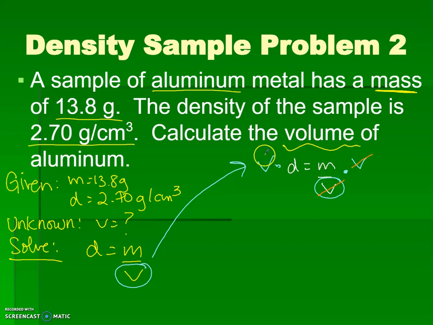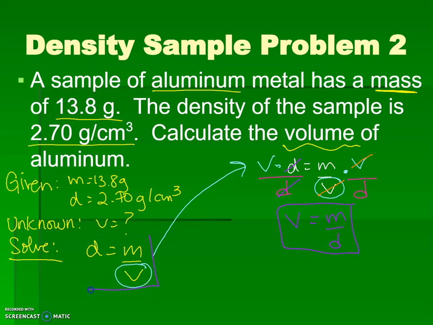So how do we get the V by itself? Well, it's currently being multiplied by D, so now we have to divide both sides by D. So what we get is density and density cancel out, leaving V equals M over D.